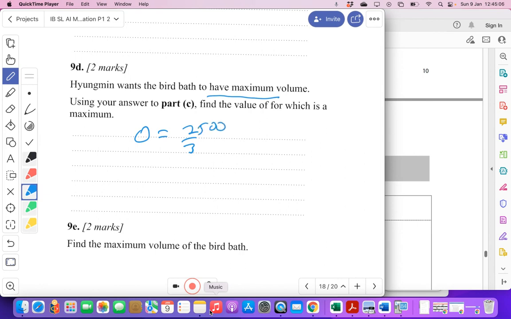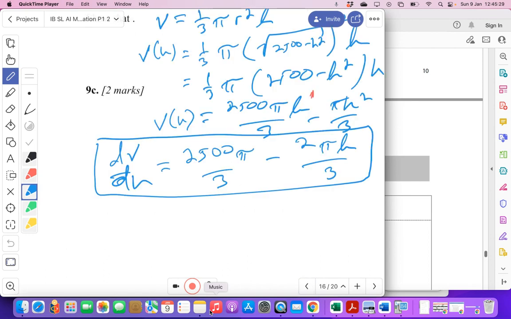2500, it was just π, that's right. Got rid of the h. 2500π divided by 3 minus, whoops, it was 3 over 3. This was cubed here. Sorry for that little mistake, because again, we had an h times an h.